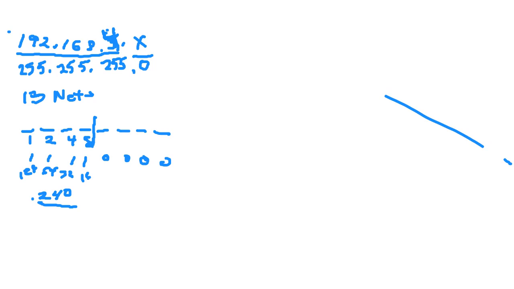So you only reverse on putting those values purely for deciding how many bits you're going to borrow if you've been given the number of subnets they want. If they told you they want so many hosts per subnet, we're not going to do that reversal. That's just for finding how many bits we're going to borrow when they tell us how many subnets they want. Otherwise, we're always going to do it correctly with the 1, 2, 4, 8, starting from the right, going to the left.